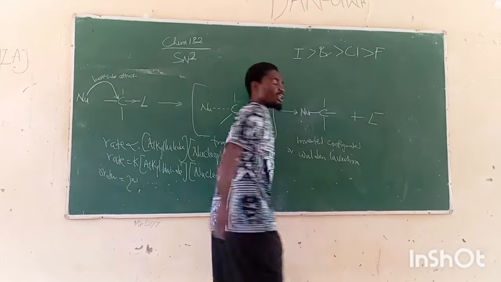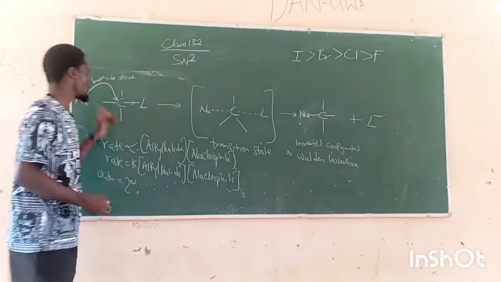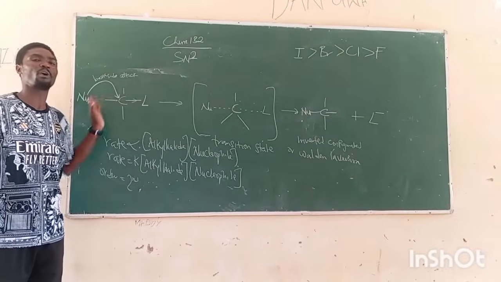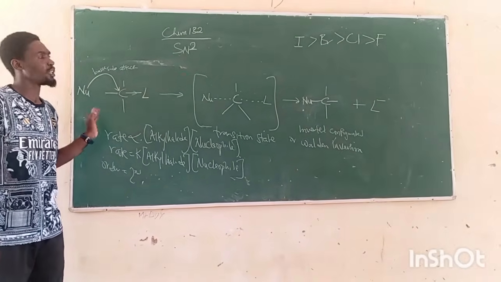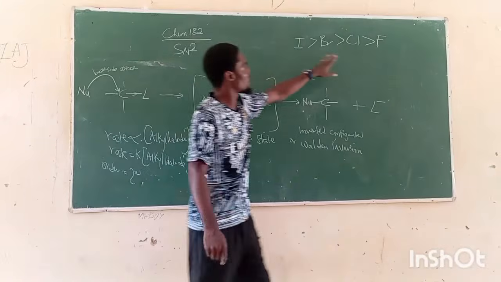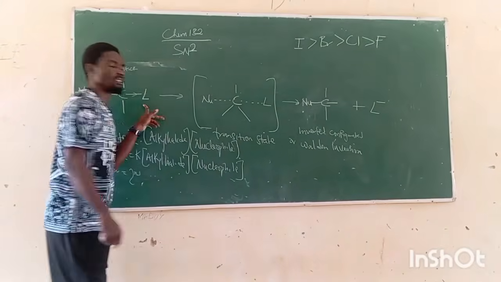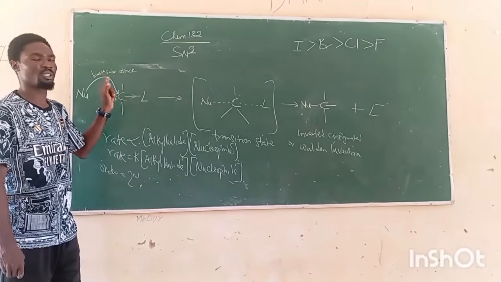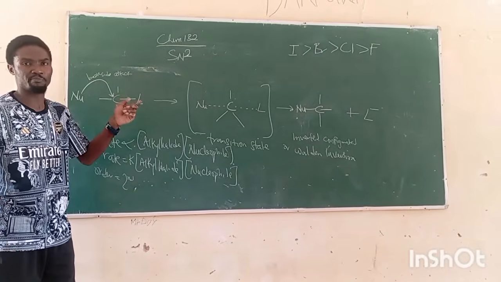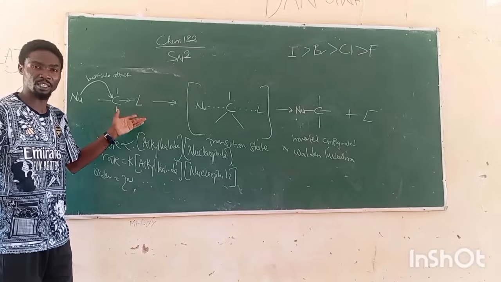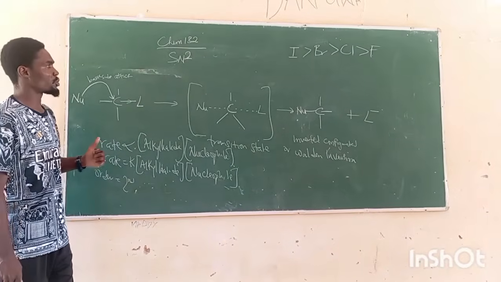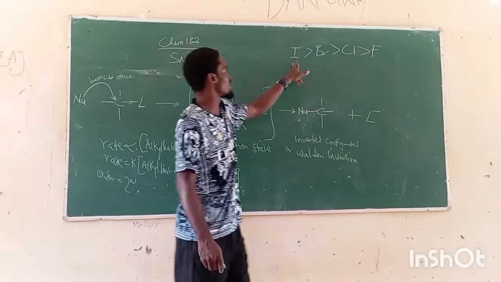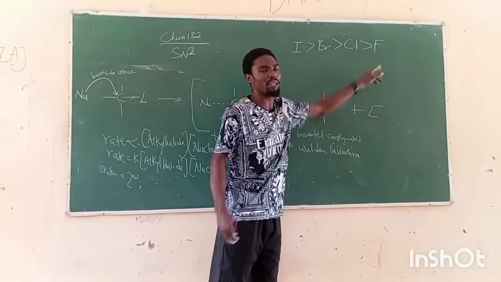Now, we know that what is going to substitute what has been substituted has to be more electronegative. So once you have fluorine here, no other halogen will be able to substitute it, because fluorine is the most electronegative element in the periodic table. So the order of reactivity is this, followed by this, followed by this, followed by this. What does it mean?